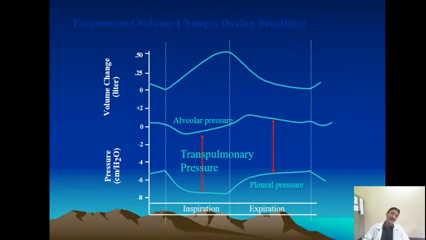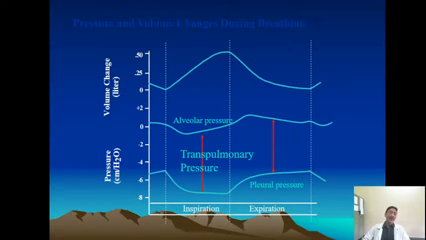The phase of expiration is a passive process because of the elastic recoil of the lungs and the relaxation of the muscles of respiration. What is the main muscle of inspiration? The main muscle of inspiration is the diaphragm, followed by the surrounding intercostal muscles.